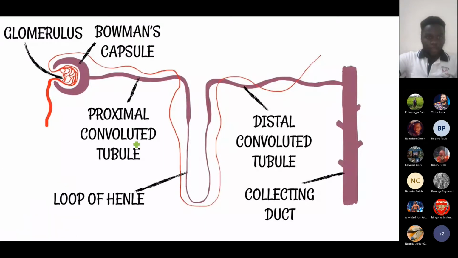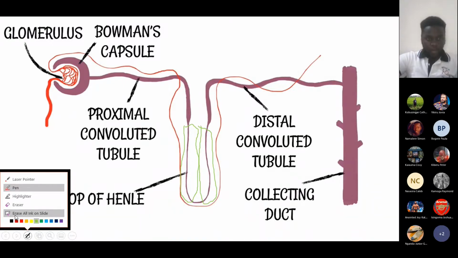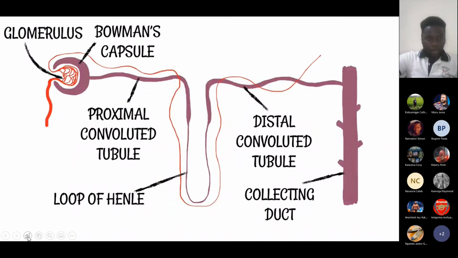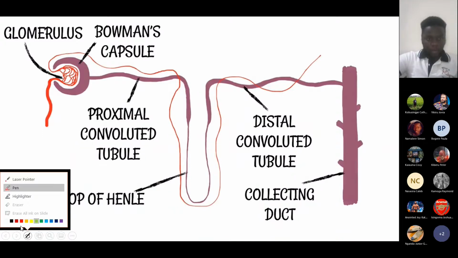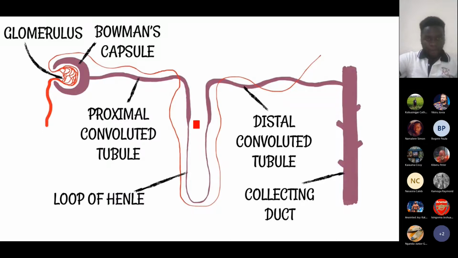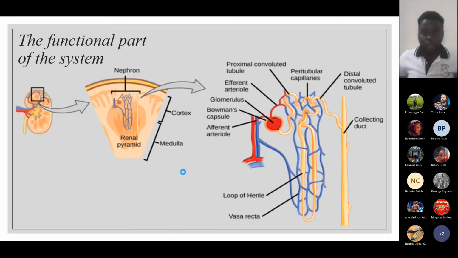Let me get a pen here. So this is the descending limb. Drawing using a mouse is not easy.